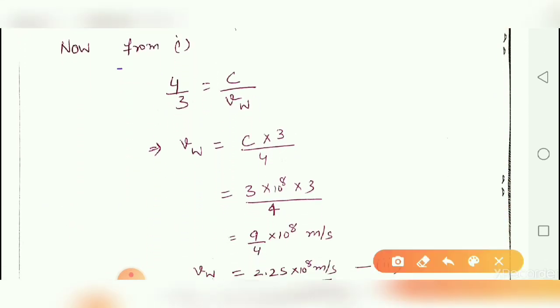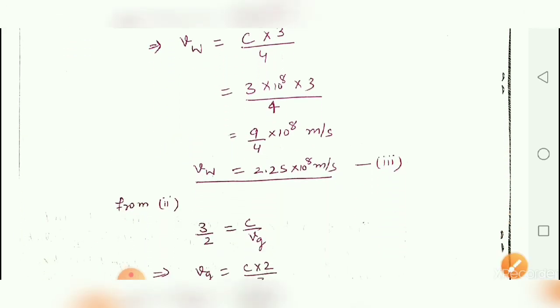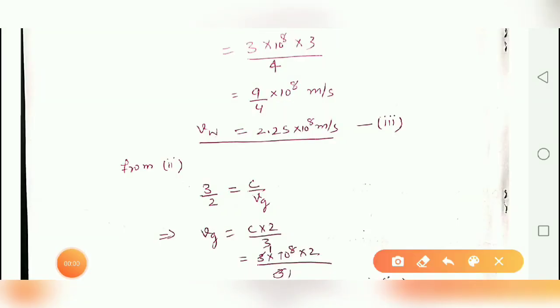Now from equation 1, 4 upon 3 is equal to C upon VW. By transposition, we can find the value of VW, that is the speed in water. The speed of light in water comes out to be 9 upon 4 into 10 raised to power 8 meter per second, which is 2.25 into 10 raised to power 8 meter per second.